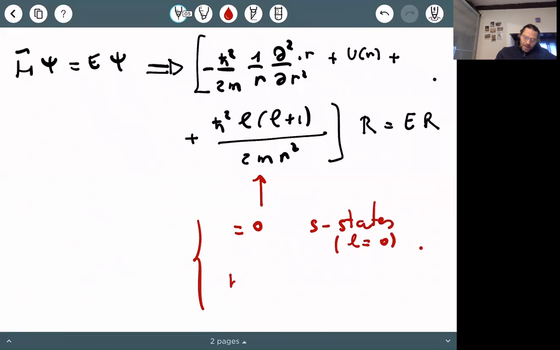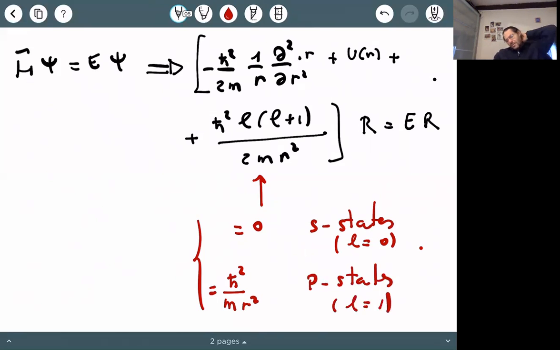It is equal to h bar squared divided by mr squared when L is equal to 1, which are called the P states. And then there are D states and so on and so forth.